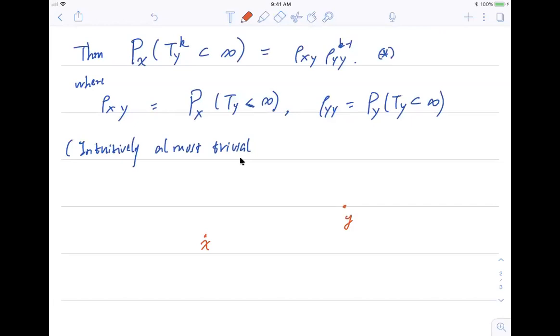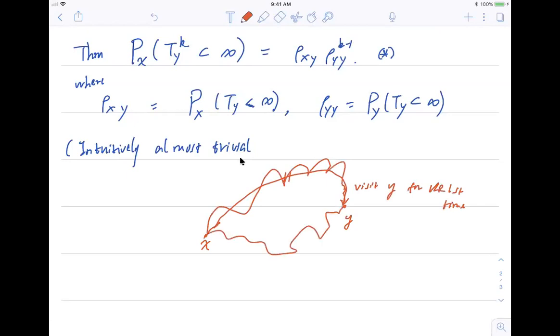So what can you do, right? First you just visit y for the first time. For the first time, you can compute all the probability, right? So first visit y, you can visit y like this, okay? Then when you first visit y, you just keep visiting y for k minus 1 times.